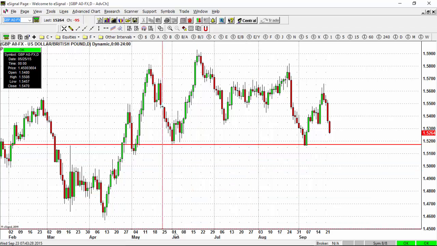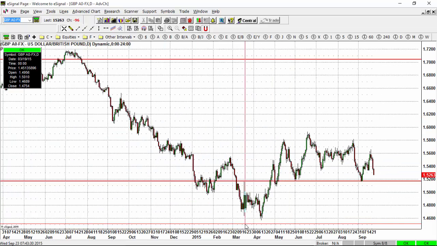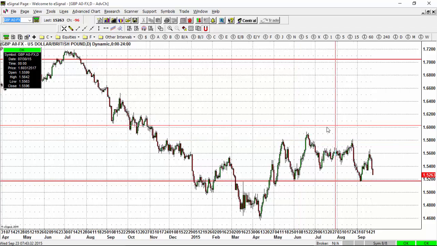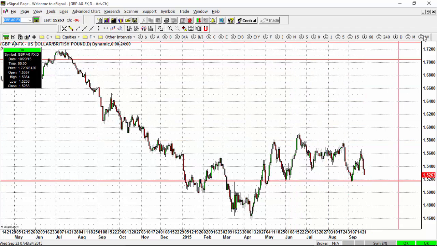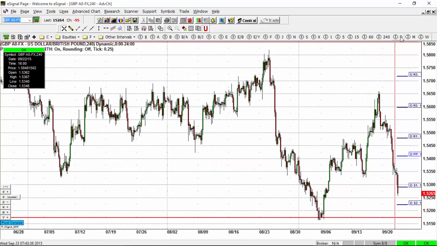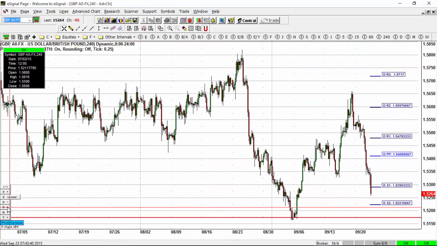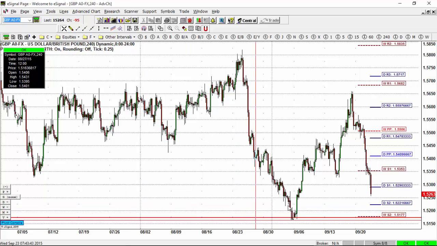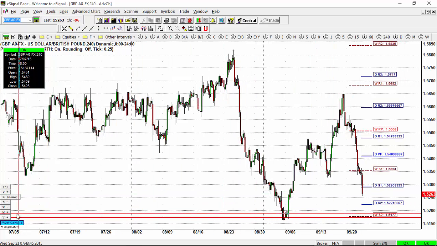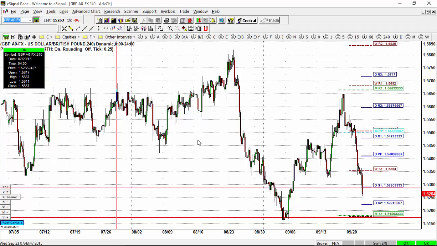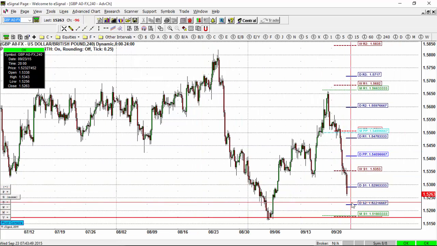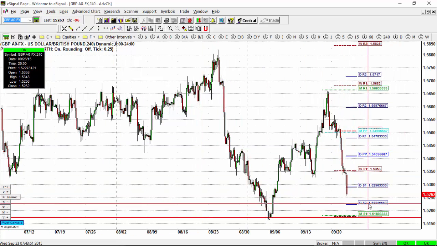If we see the market break below this 151 support, that could be fairly bearish for the British pound, and we could see a strong move to the downside. Now, taking a look at the pivot points, we see that our weekly S2 is smack in line with the support point along with the monthly S1.